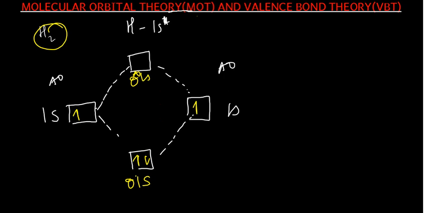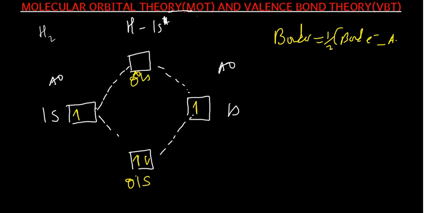Now from this molecular orbital diagram, we can calculate what we call the bond order. So bond order is simply half of bonding electrons minus anti-bonding electrons, and let me just write AB, that means anti-bonding electrons.